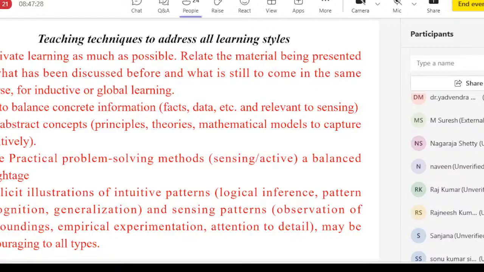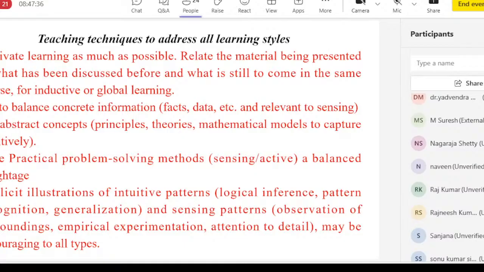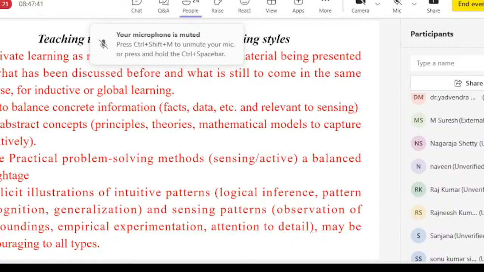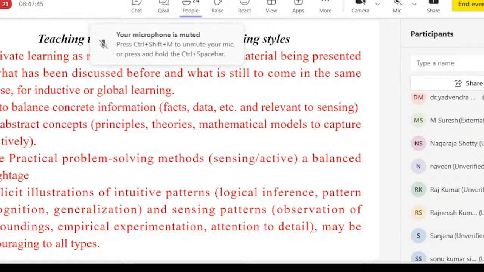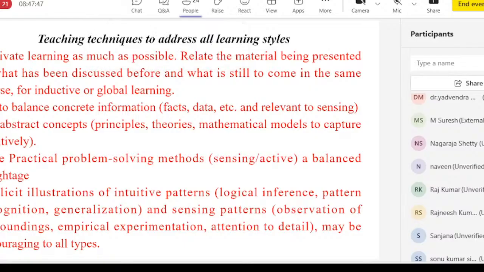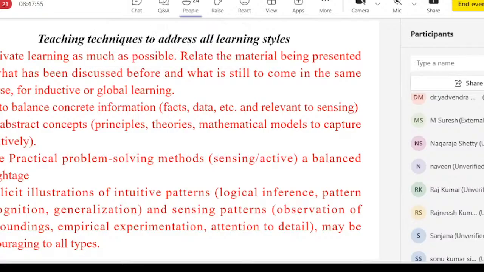This will be helpful for the global learners or the inductive learners because they will be thinking about that. So you have to make a concrete balance between the facts and data relevant to sensing, and the abstract concepts, the principles and theories. These are all abstract concepts. And when something is seen, then that is a real reality.